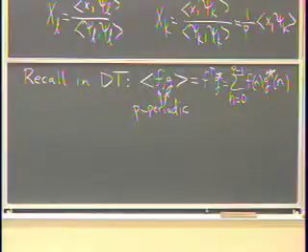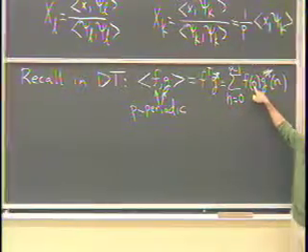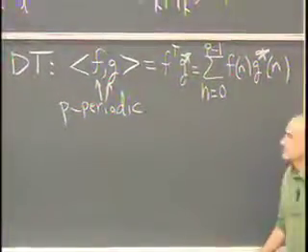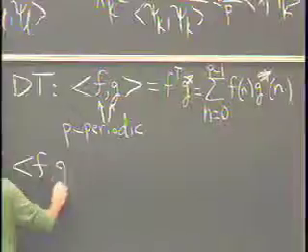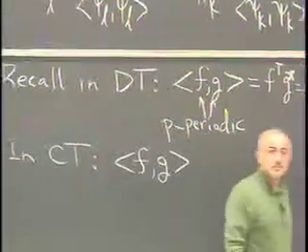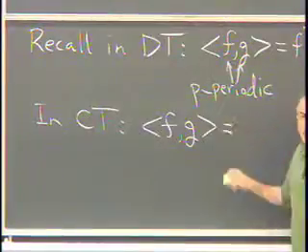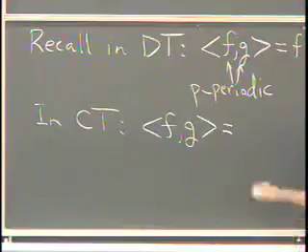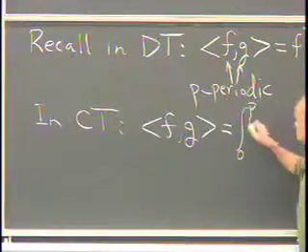Now you have functions not of n, which is an integer, but of t. So how would you change this in continuous time, if f and g are periodic with period P? I heard an integral. Integral over what? 0 to P or any interval of length P.